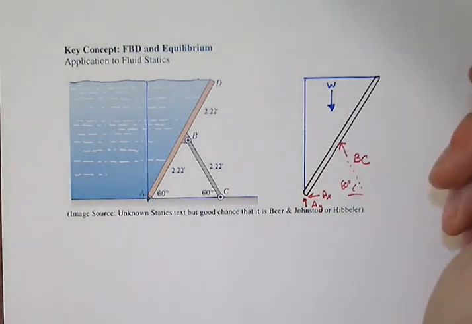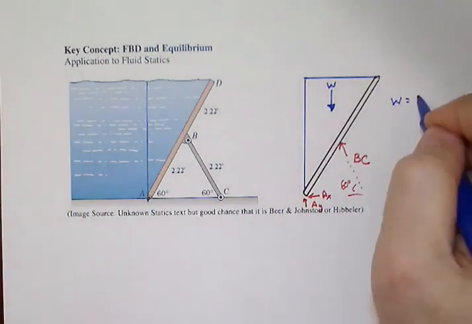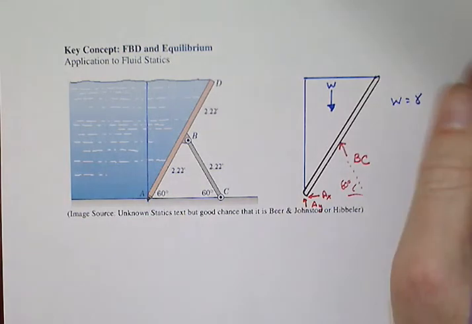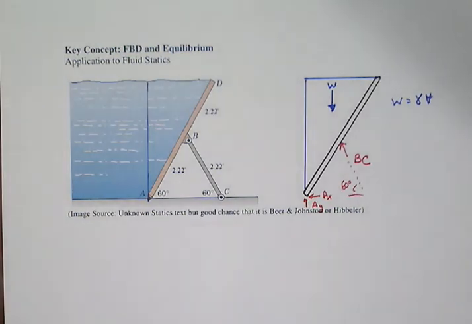And that's nice because that's easy to get, right? Because that weight is going to be equal to the unit weight of the material, 62.4 pounds per cubic foot in this case, times then that volume, which will be just the volume of that little triangular piece that's there, typically done per foot in depth of the page.